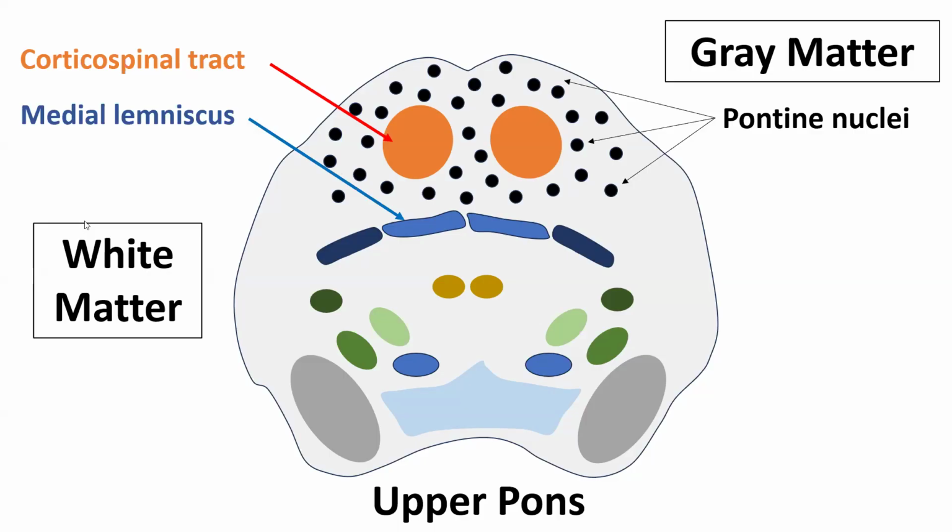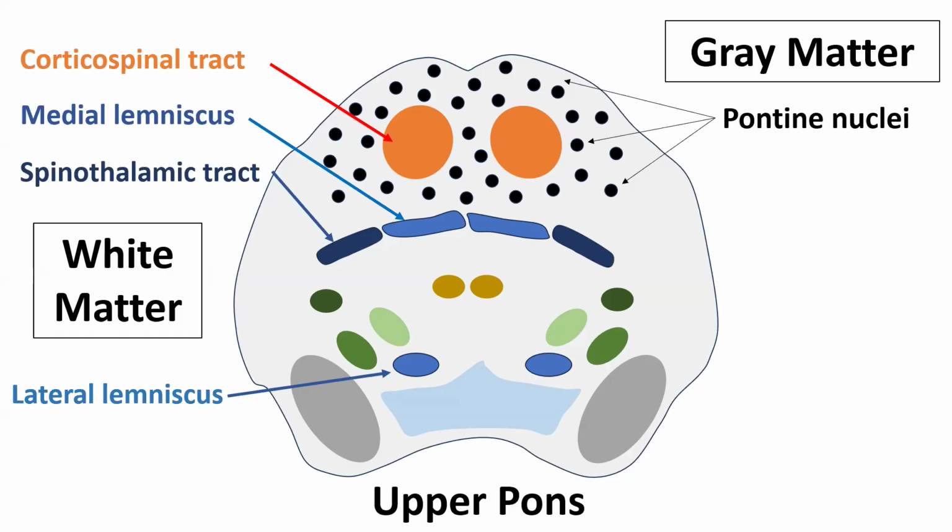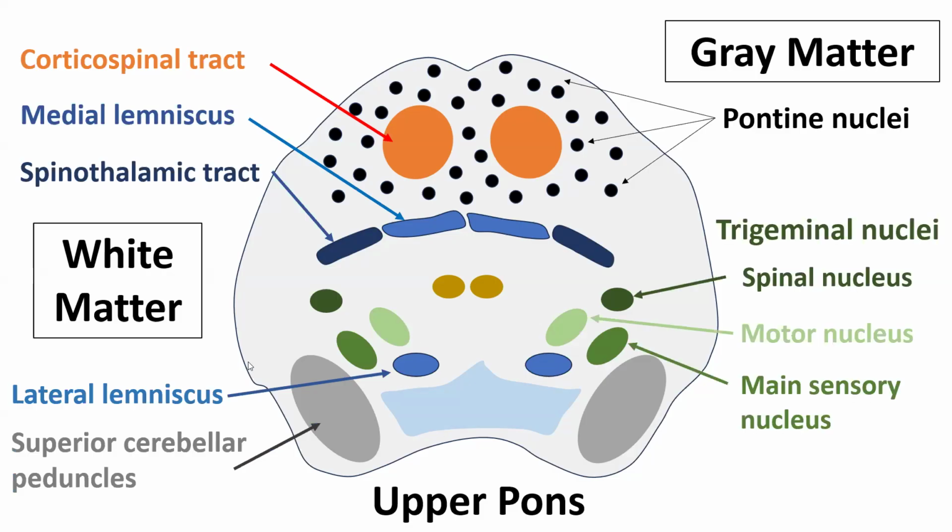Then in the tegmentum, we find sensory information in the medial lemniscus and the spinal thalamic tract, and also in the lateral lemniscus. In the upper pons, we find several trigeminal nuclei, and we also see the superior cerebellar peduncles over here.